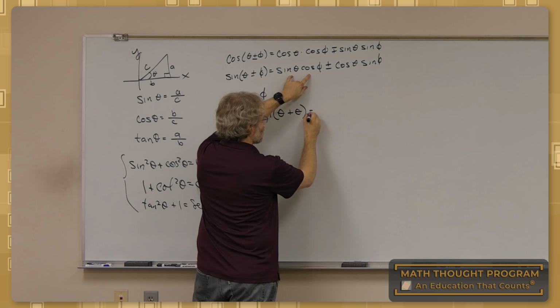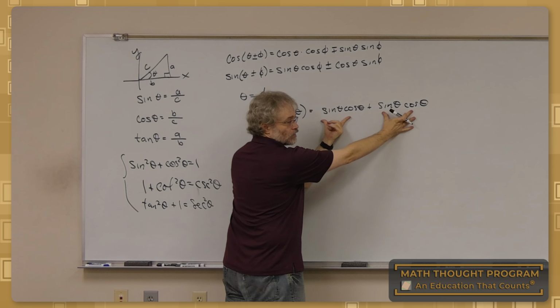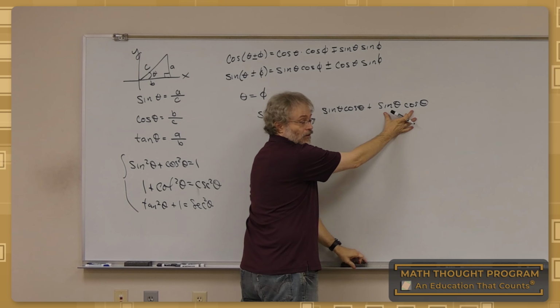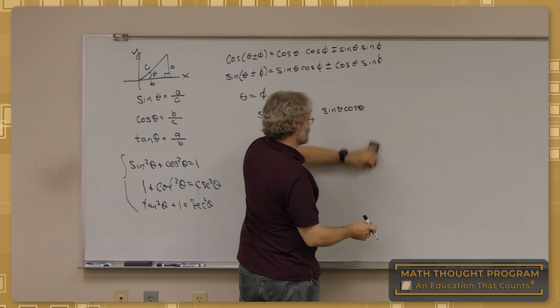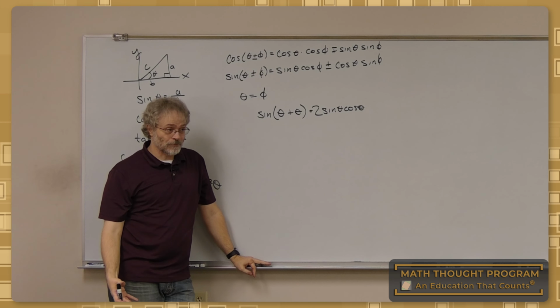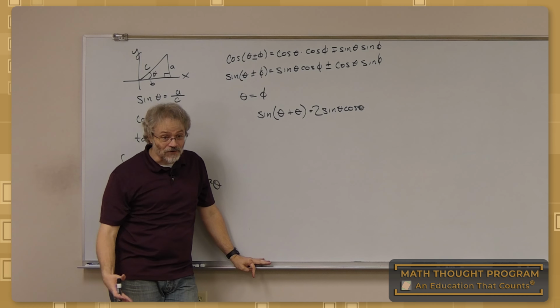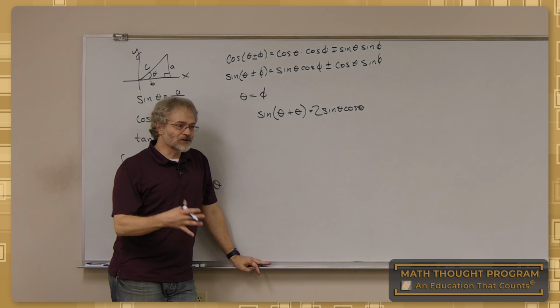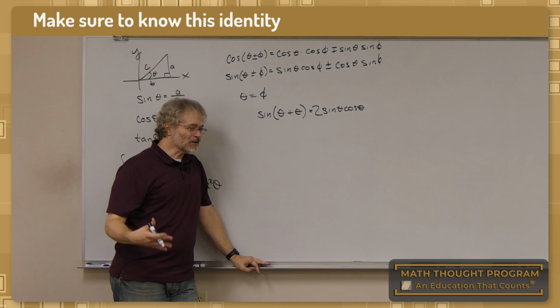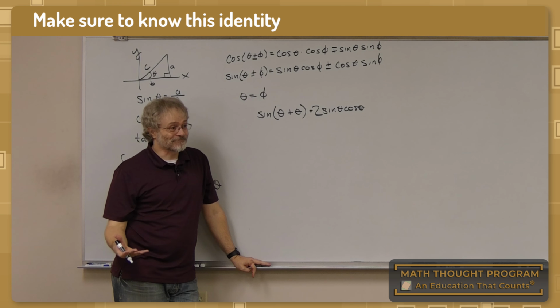You have sine of theta cosine of theta plus sine of theta cosine of theta. You have two of them. Simplify it and call it 2 sine theta cosine theta. Double angle identity. This thing's golden. This identity is very, very useful. And since it's so very useful, do you think it might be a good idea to know this identity? Yep, I think so.